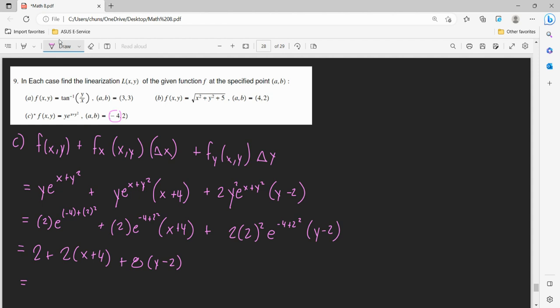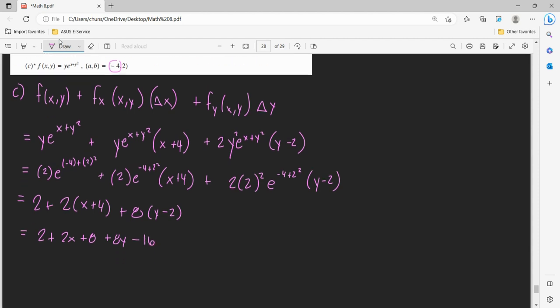We can stop it here, but I want to distribute it, so this is 2x plus 8 plus 8y minus 16. And this linearization equation is equal to 2x plus 8y, and that's negative 16 plus 8 plus 2, that's negative 6.